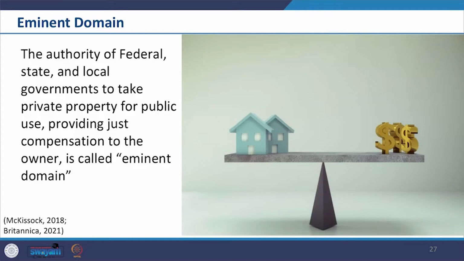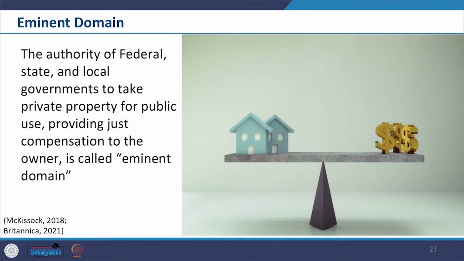We also look at what the term eminent domain means. Eminent domain, as we see from the United States document, as per the Fifth Amendment to the US Constitution, forbids the taking of private property for public use without just compensation.